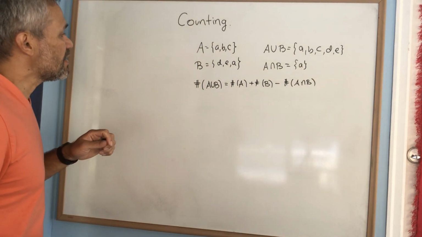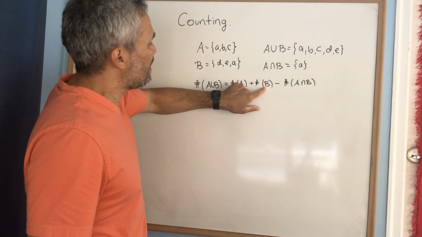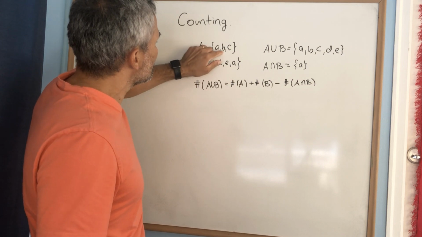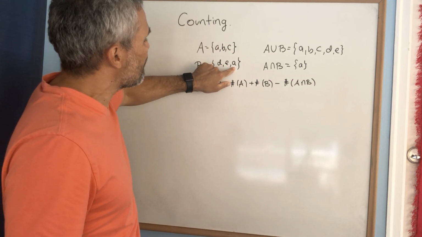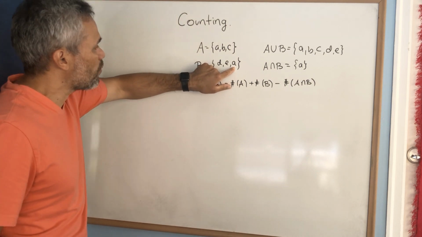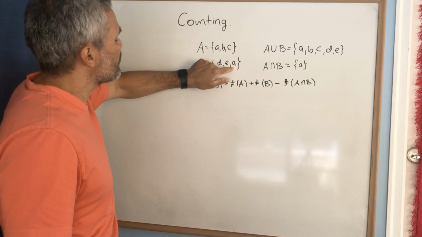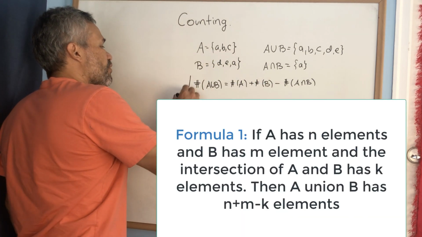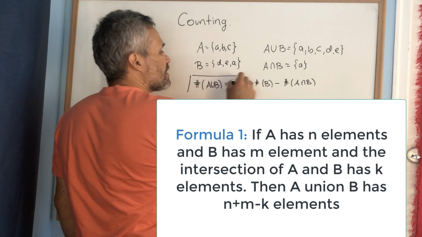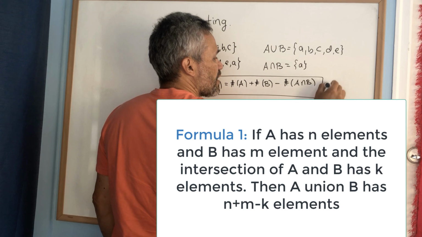Essentially, when I add the number of elements in A plus the number of elements in B, I'm doing 1, 2, 3, 4, 5, 6, but some of them I am overcounting. I'm counting them twice. Which ones are they? Those in the intersection. A, I'm counting it twice, so I have to subtract that. Then we have this formula that works in general when we have two sets. Let's call this formula number 1.